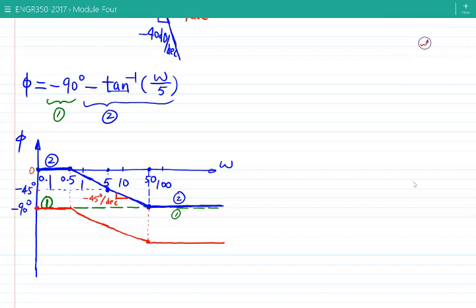So basically here is minus 180 degrees, which gives us the Bode plot for the phase angle plot when we sum up the phase angle for factor number 1 and factor number 2.